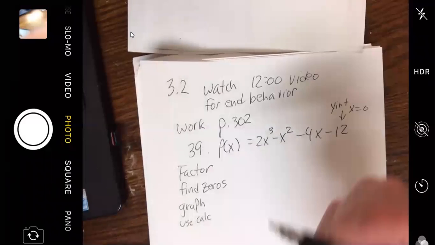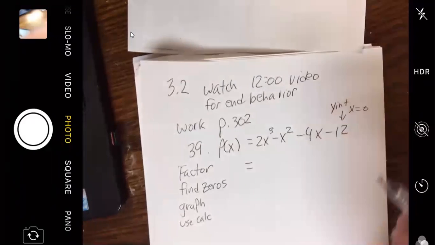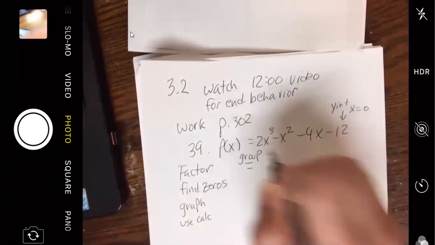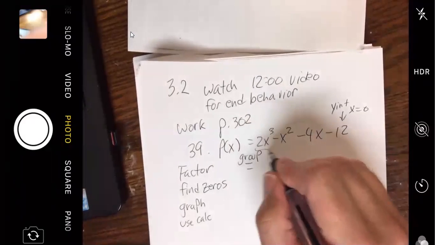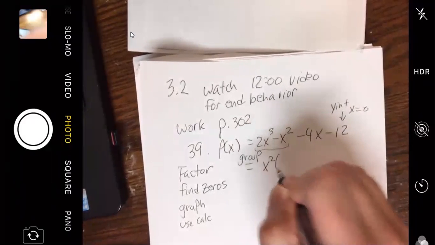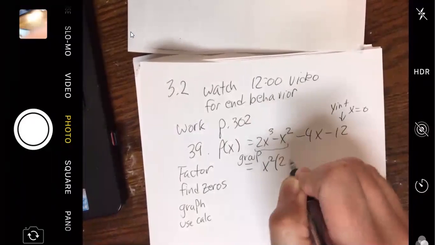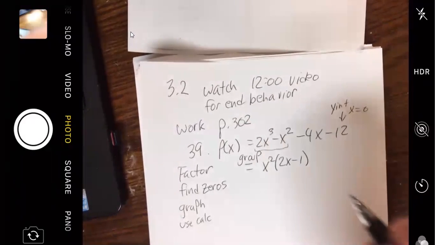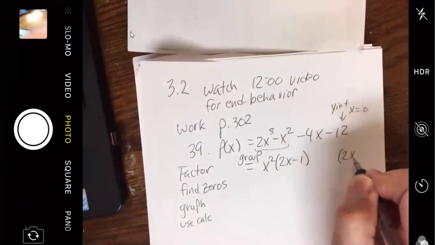Okay, to factor 4 terms, this says group. Remember your factoring by grouping, look at the first 2 terms. We'll factor out an x squared, leaving 2x minus 1. Now for this to work, there's got to be a 2x minus 1 over here.